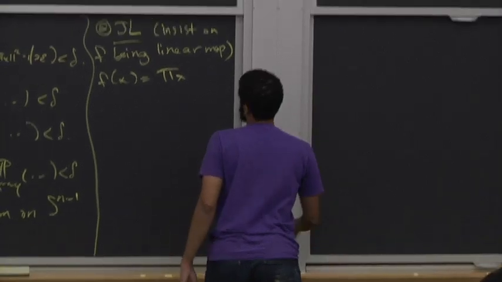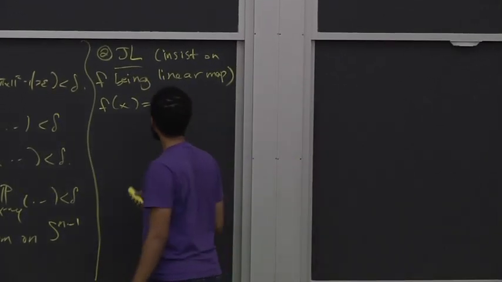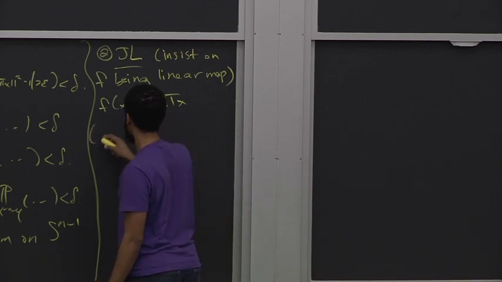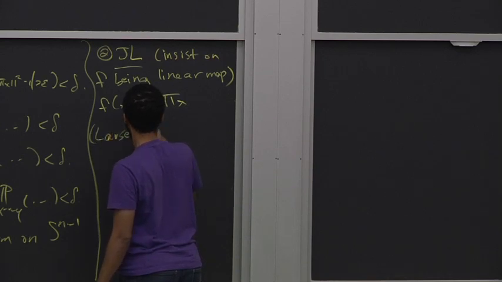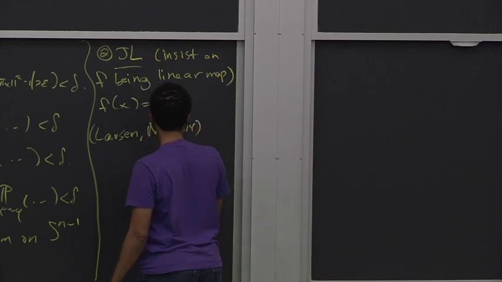Okay? So if you insist on the map being linear, then I have some work with Kasper Green Larsen. It's on arXiv, a manuscript.